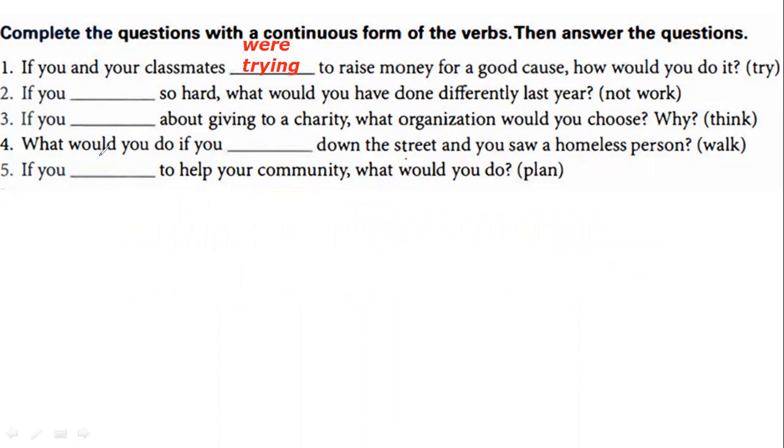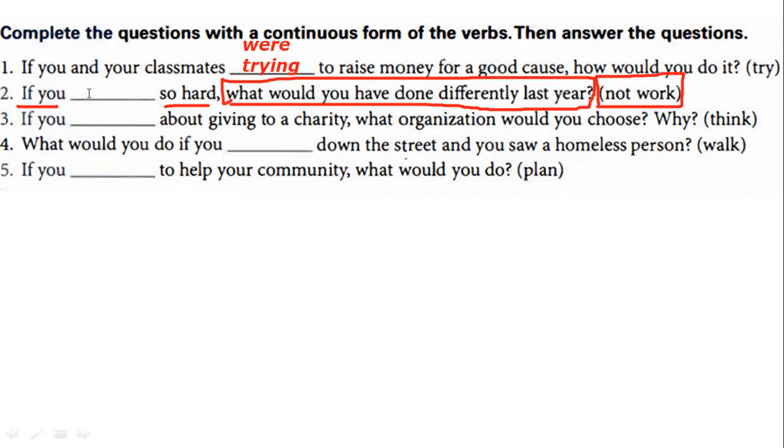Okay, next, number 2. If you worked so hard, with the verb not work. Hadn't been working. Weren't. No, weren't working, because the second sentence is in the past.